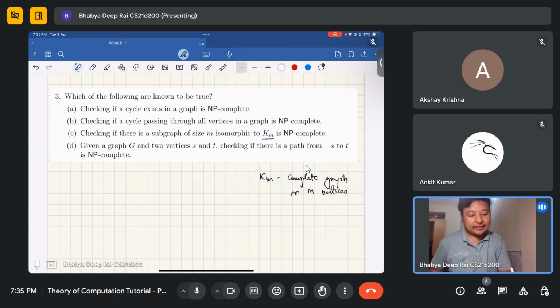So, any guesses on which of these are NP complete? Or at least known to be NP complete?